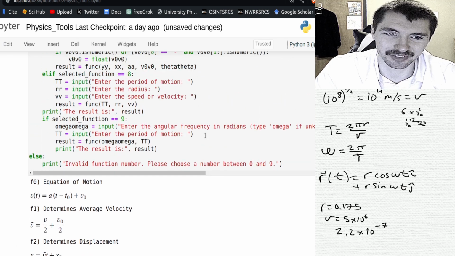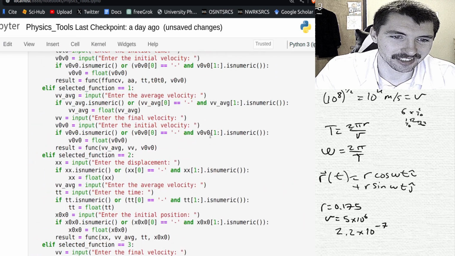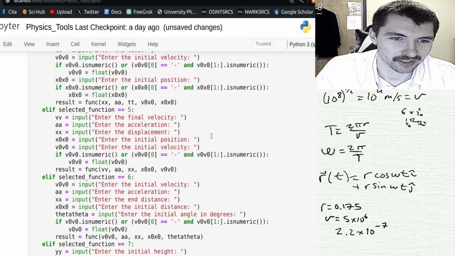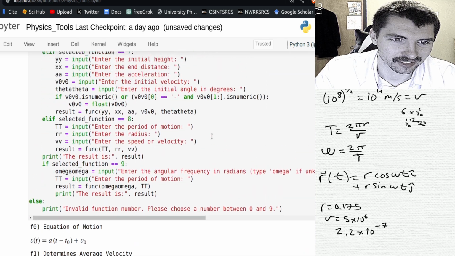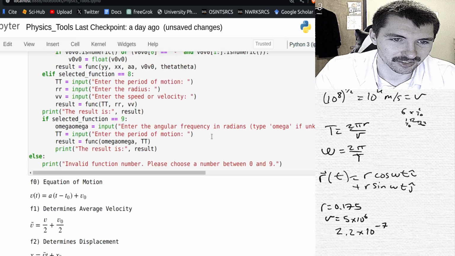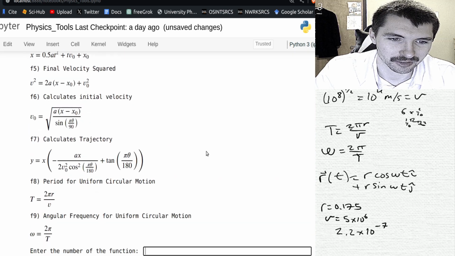Maybe that fixed it. I guess the elif just kind of broke. Okay, I think the elif just broke.